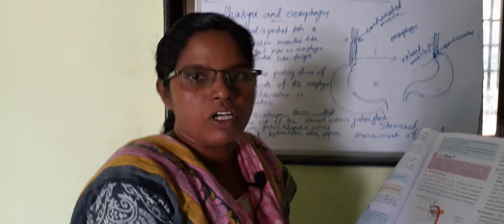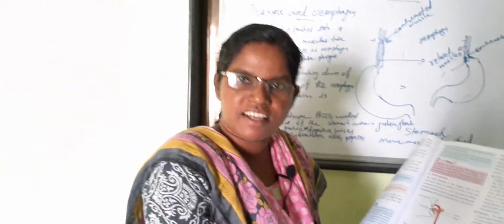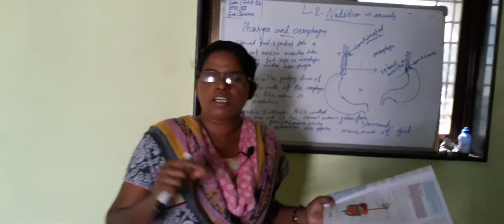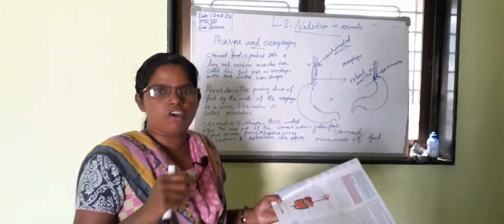Understand? The esophagus is attached to the stomach. Where is the stomach? This side, the left side of the abdomen. That place is where the stomach is situated.